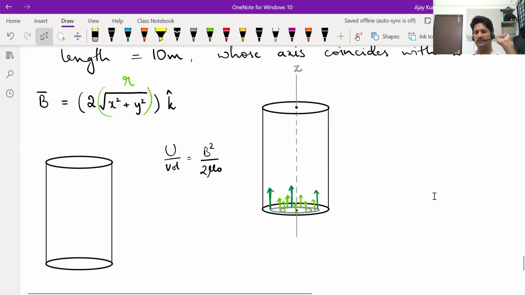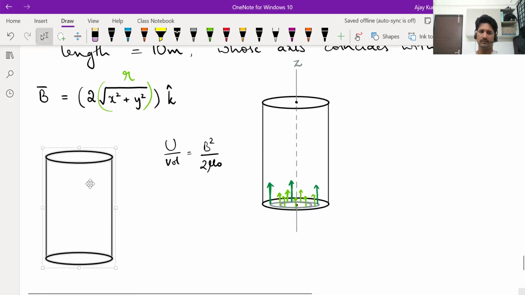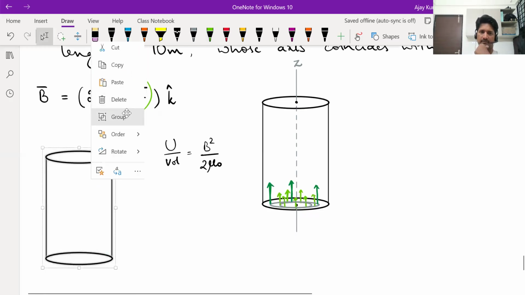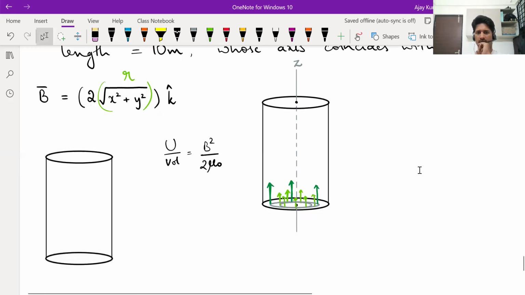Can you identify a section or a region where the field will be uniform? Can you think of a volume in which the magnetic field will be uniform in this case? Tell me, on what factors does the magnetic field depend in this question?